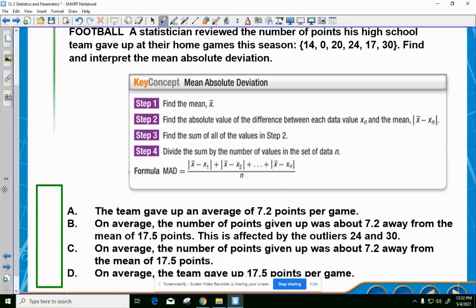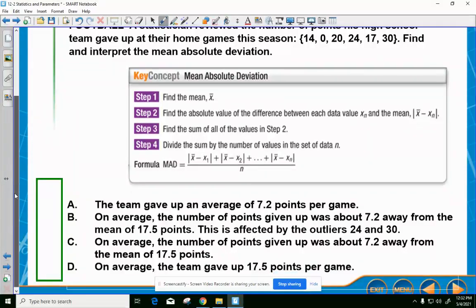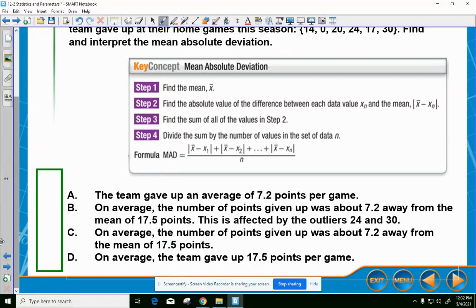Okay. Now, based off of that information, which one of these 4 choices is the correct choice? A, B, C, or D? I think you guys could even use Mr. Tosh's testing strategy that he gave you guys. Do you remember that?